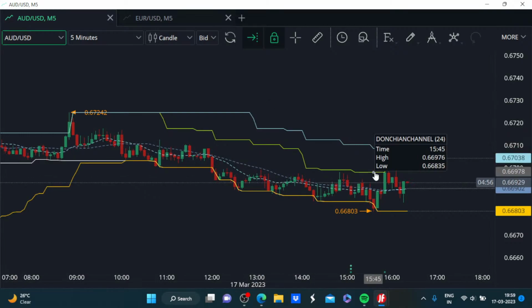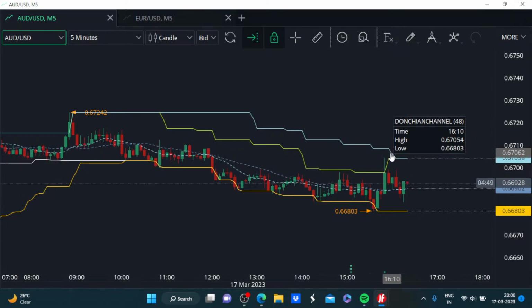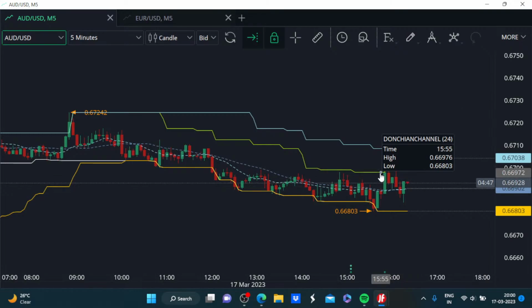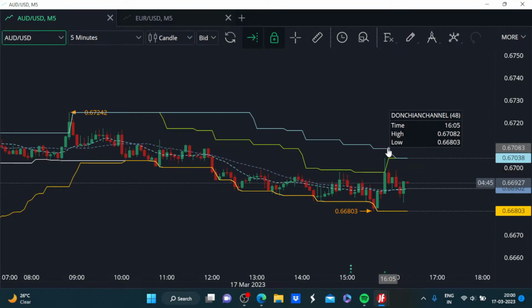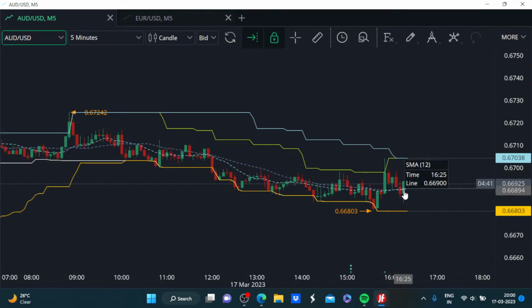I have added the Donchian channel of the last 2 hours and 4 hours respectively to get us the price range for the last 2 hours and 4 hours, and to consider the average price prevailing over the last 1 hour and 2 hours, we have the SMA 12 and SMA 24 in place, so we get to know how the volatility is affecting the underlying instrument and what is the average price as well as the range of the instrument.